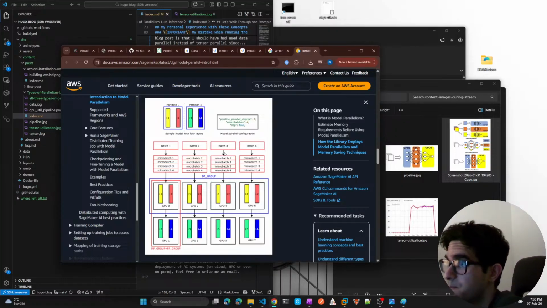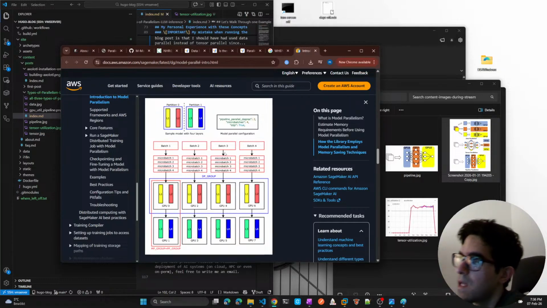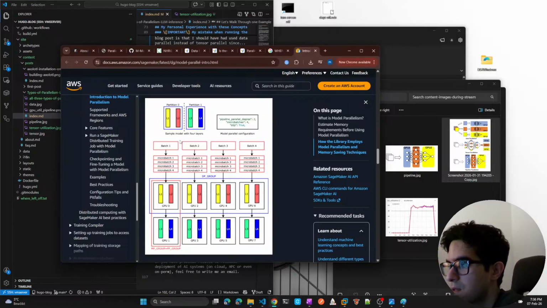Sample model with 4 layers. Micro batches, did it get through?